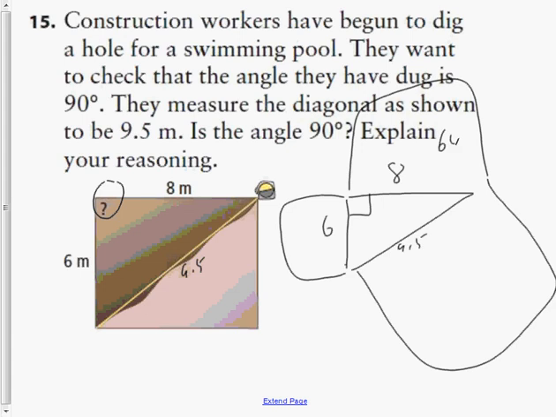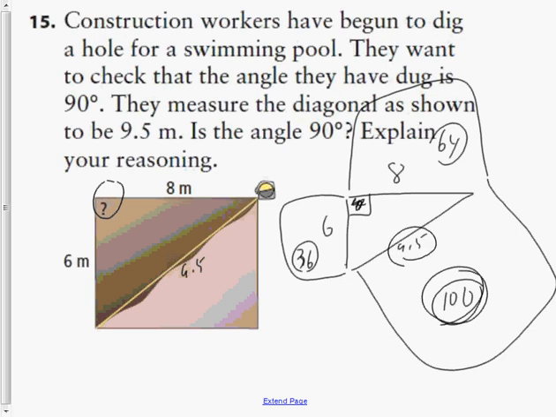This is 64 and this is 36. That's a 100. So I know based on Pythagoras, if this is a right triangle right here, this one should be 100 square meters. But I know that in order for that to be a 100 square meter area, this length has to be 10, not 9.5. So therefore, I can assume that this is not a 90-degree angle. Correct? Correct.